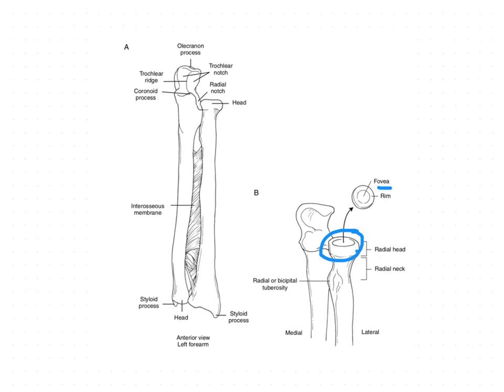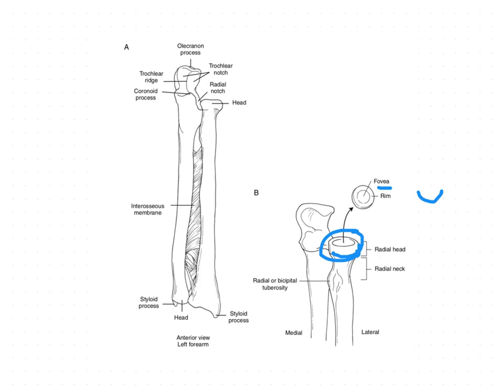Because of that depression it appears slightly cup shaped, and this concave surface is called the fovea. That one is surrounded by a rim, which is the circumference of the radial head.